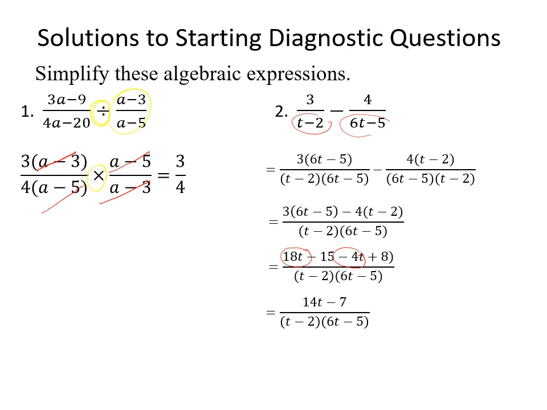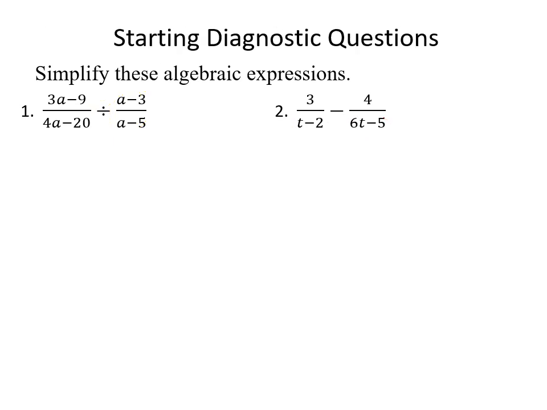So that's how we got 14t minus 7 divided by t minus 2 times 6t minus 5. And finally, I can see there's a common factor here, which is 7. So if I take 7 out, that will give you 2t minus 1. Okay, and that's all.